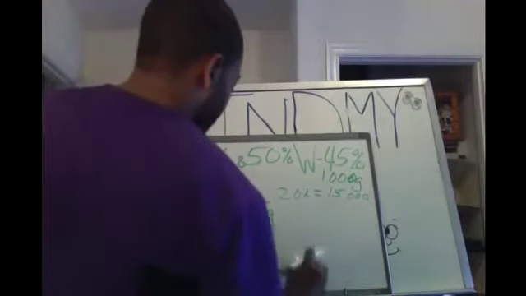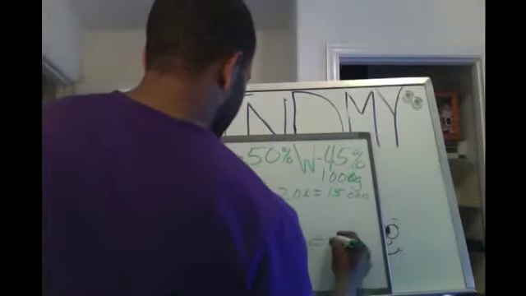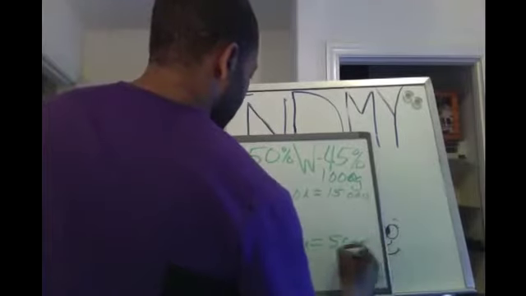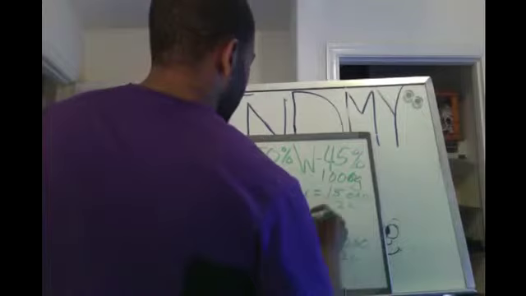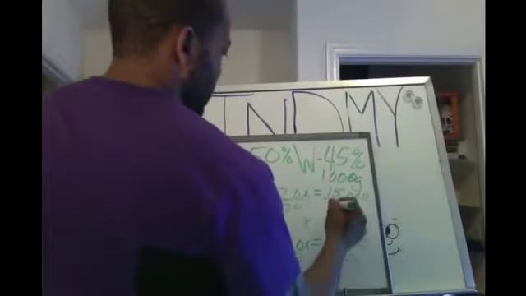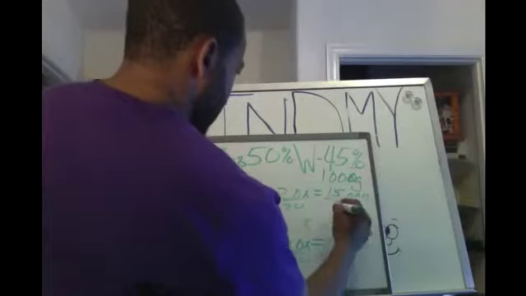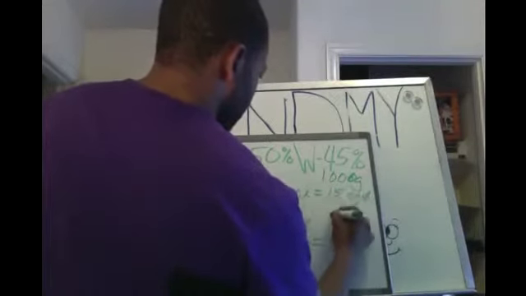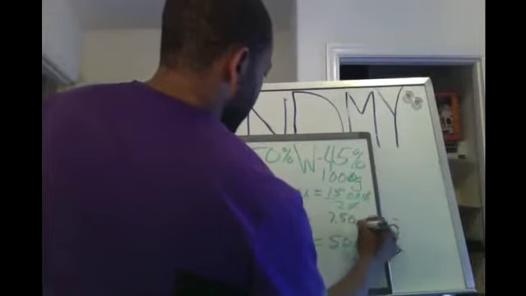Let's see. I put it up backwards, don't want to confuse you guys. 20x again equals 5 times 1,000. 15 divided by 2, 7.5, plus 2 zeros.